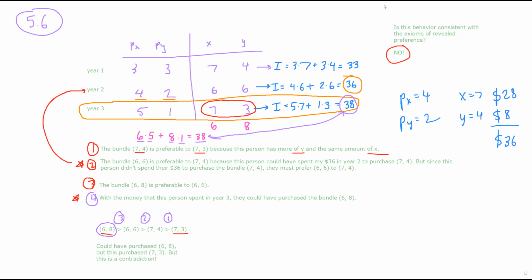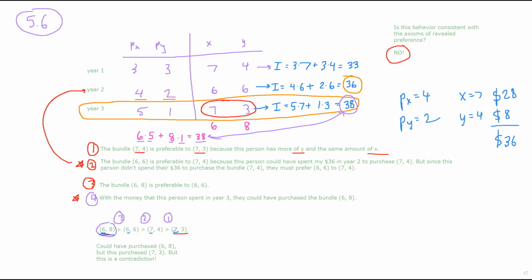Okay. So step 1 says 7.4 is better than 7.3. This is kind of a no-brainer. Obviously, if I have the same amount of x, but I have more y, I'll be happier. Step 3 is also kind of a no-brainer. I have equal amounts of x, but I have more y in this scenario than I do here, so this is better. In step 2, I said that 6.6 was better than 7.4 because with the same amount of money, I could have bought 7.4, but I opted to choose 6.6.